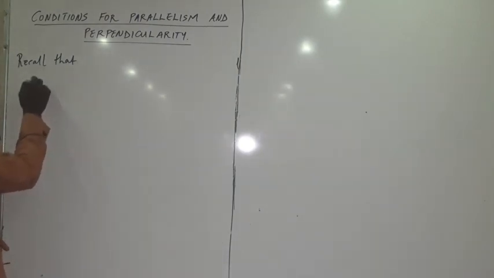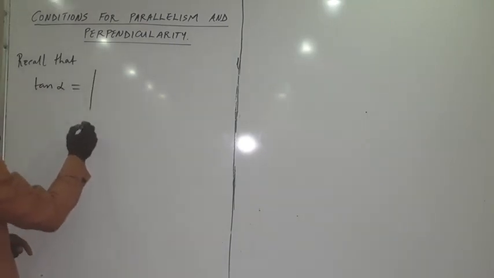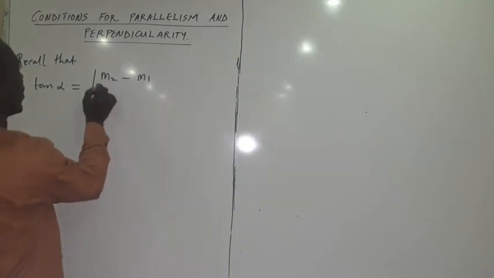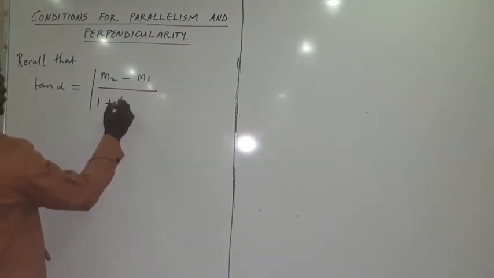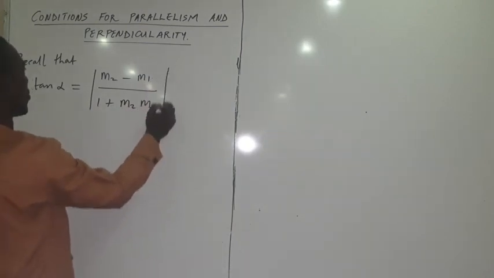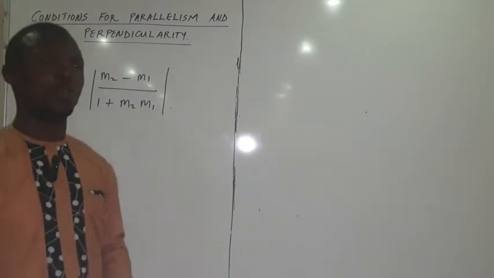We have tan alpha equals the absolute value of m2 minus m1 all over 1 plus m2 m1, where m2 and m1 are the gradients. m2 is the gradient of the second line, m1 is the gradient of the first line, and alpha is the angle between the two lines.